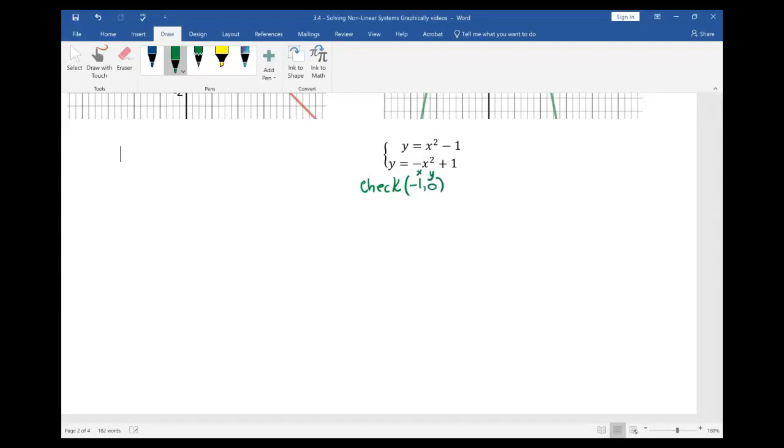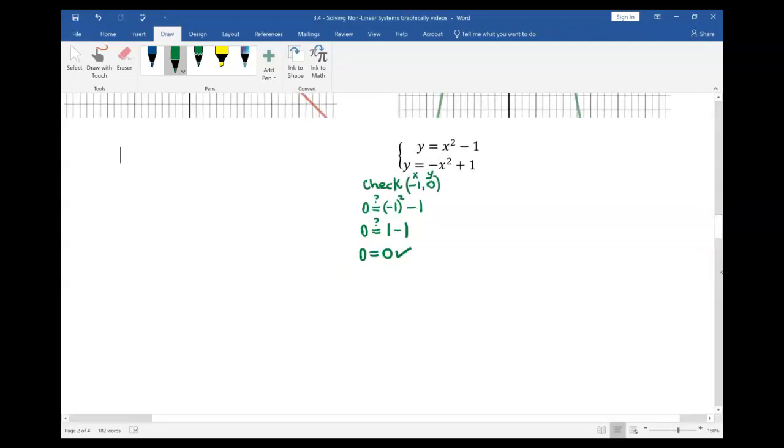Let's replace the values in the first equation. So we get 0. Let's check if it's equal to x squared minus 1. Then I'm going to have -1 squared minus 1. Is 0 equal to -1 squared, which is +1? So 0 equals 1 minus 1? Yes. 0 equals 0. That's true.